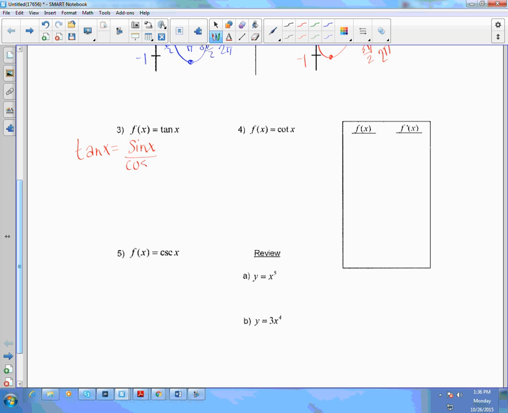So this is division. We know the derivative of sine, right? We know the derivative of cosine. So we can apply the quotient rule to find f prime of x. How does that go for d dx of f of x over g of x?